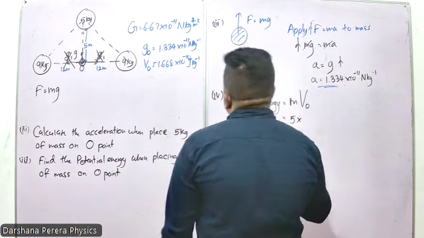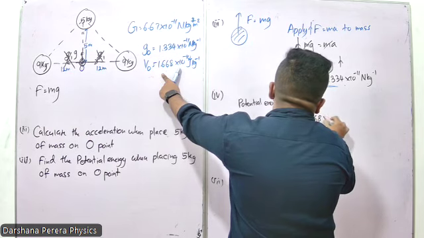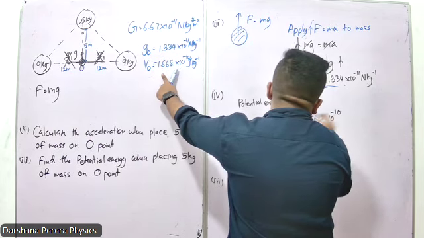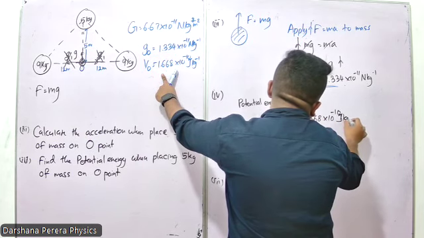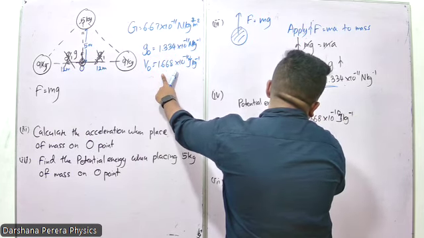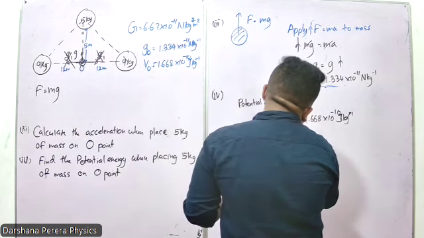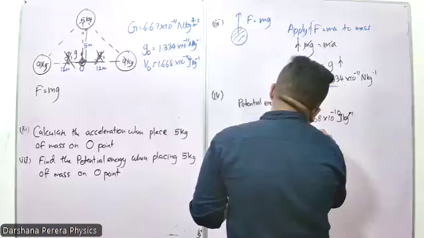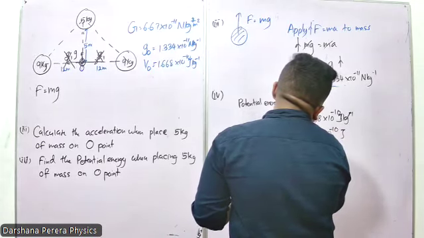The potential is 1.668 × 10^-10, in joule per kg. So the mass in kilograms, and the joule comes out. 5 × 1.668 × 10^-10 joule.